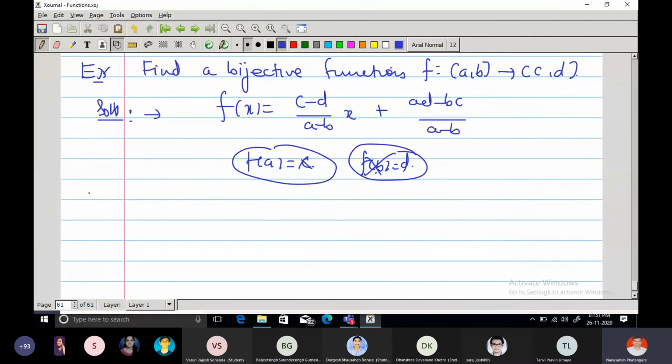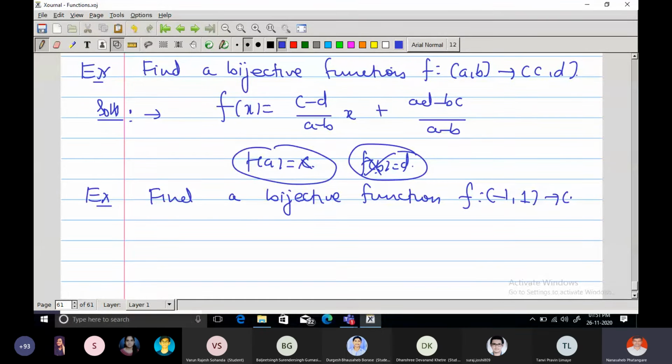Find a bijective function f from open interval (-1, 1) to (0, 1). Find a bijective function g from open interval (-1, 1) to any open interval AB. So you think about these two questions. Is it possible?